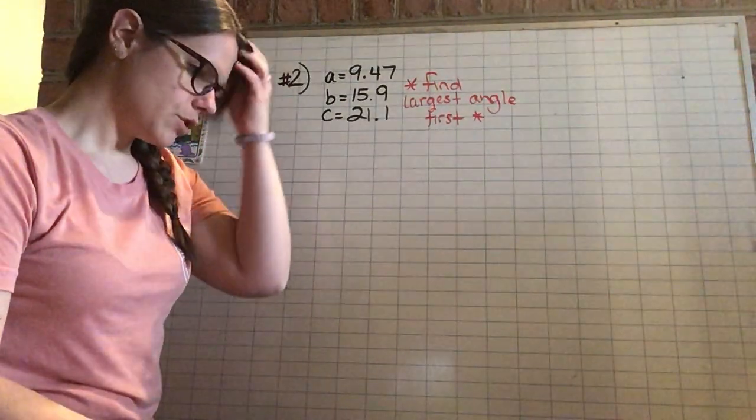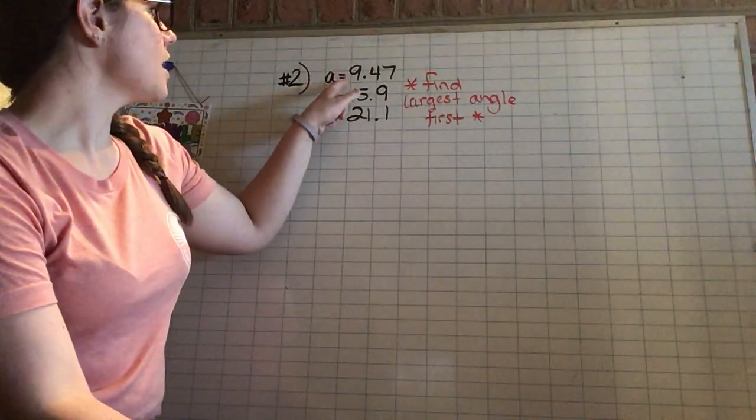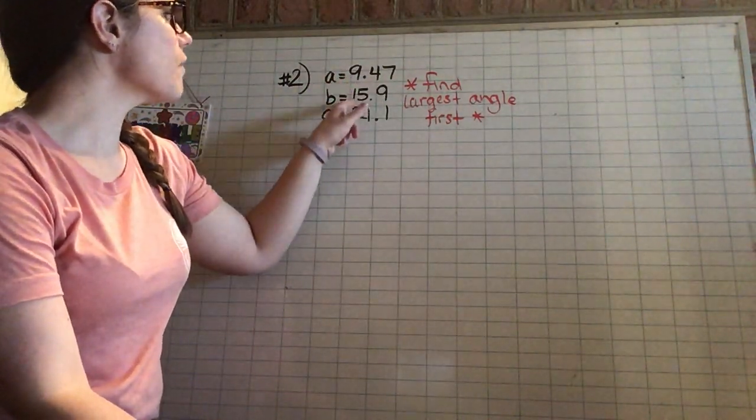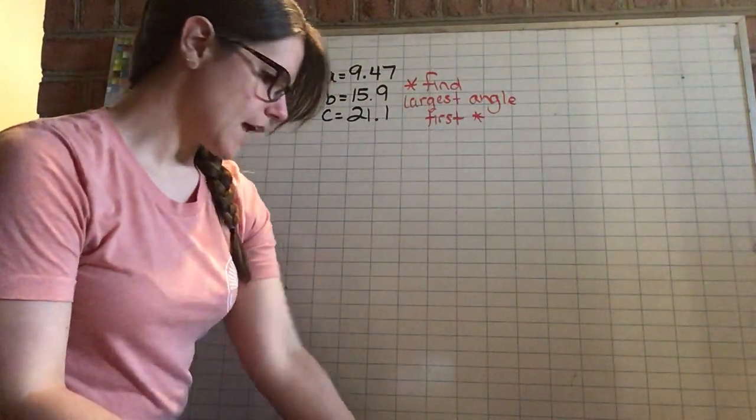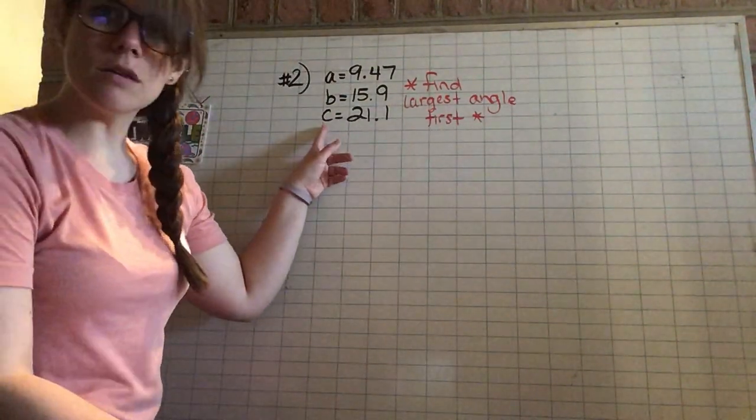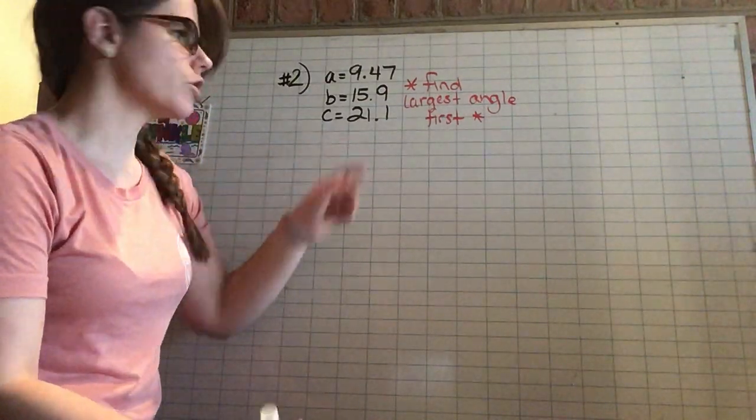All right, so when I have 9.47, 15.9, and 21.1, the largest angle is going to be angle C because its side is also the largest.